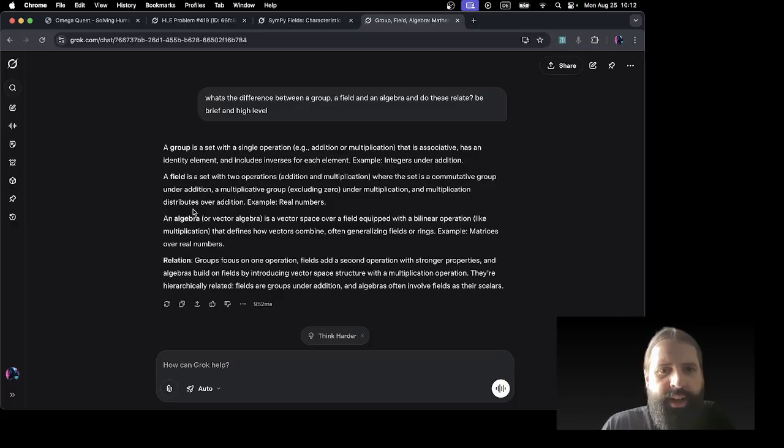And an algebra is a vector space over a field equipped with a bilinear operation like multiplication that defines how vectors combine, often generalizing fields or rings. Groups focus on one operation, fields add a second operation, and algebra is built on fields by introducing vector space structure.